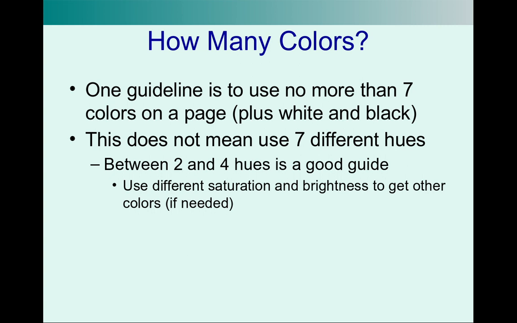We can use 2 to 4 hues along with some other shades, which will be obtained by changing the saturation and brightness of the same hues that we have taken already. So we can change the saturation and brightness of those hues and get the remaining hues or shades to make them all 7.